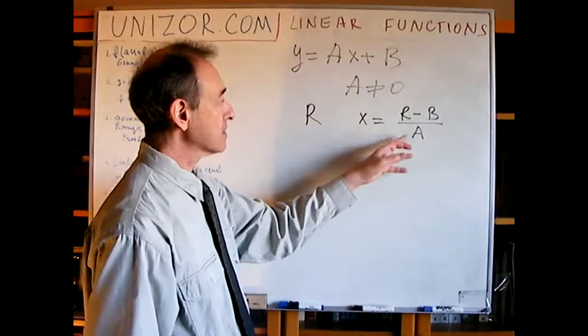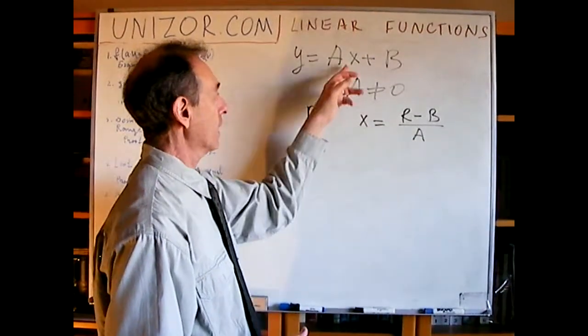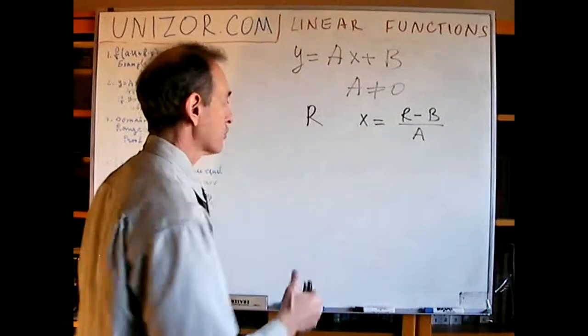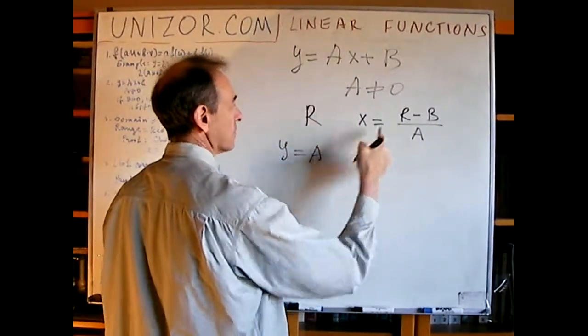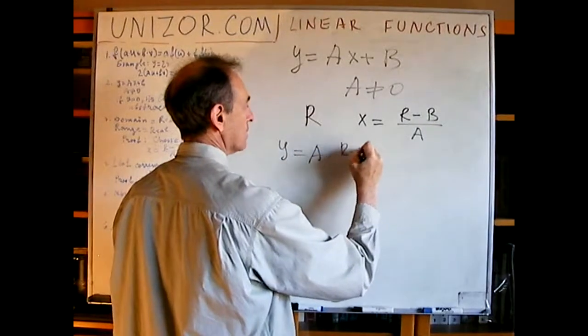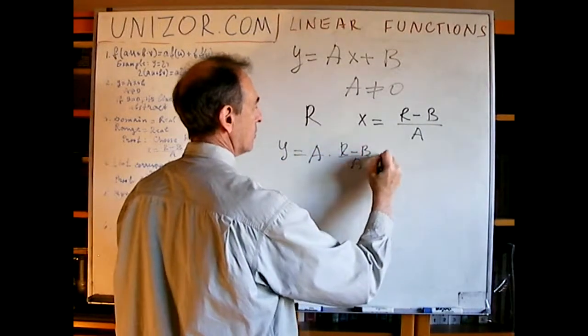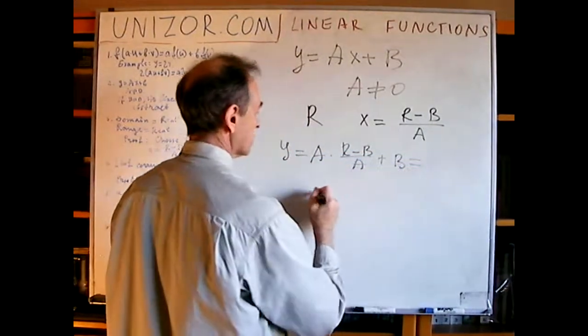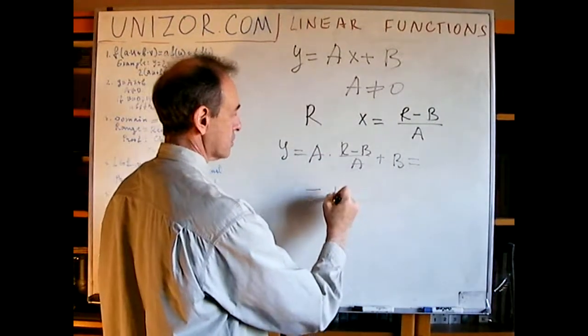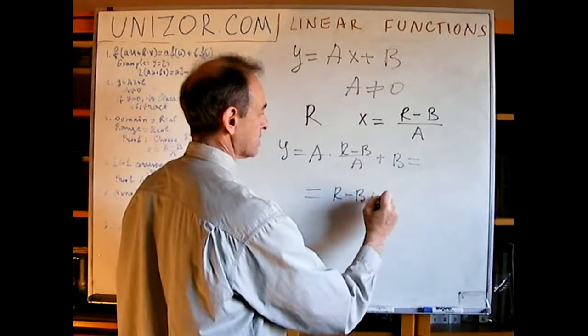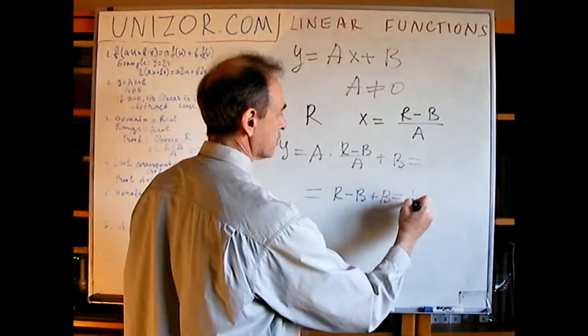Now, let's take this particular x and substitute it into the function. So what do we see? y is equal to a times this x, which is r minus b divided by a, plus b. What is it equal to? Well, obviously a and a are reduced, so it will be r minus b plus b, which is b and b reduced, which is r.